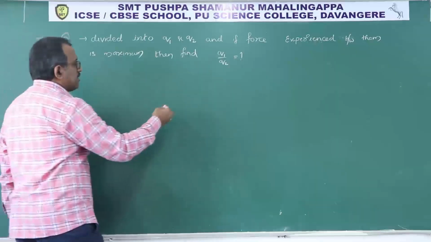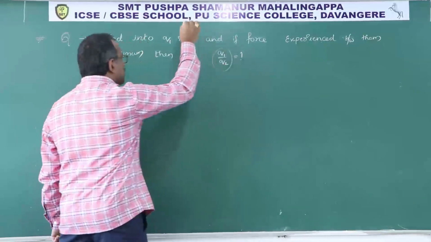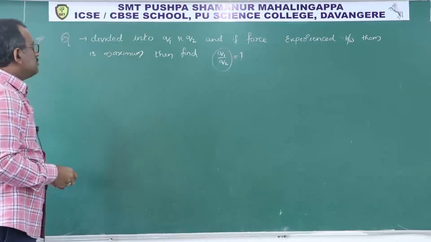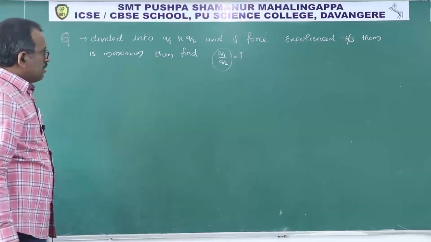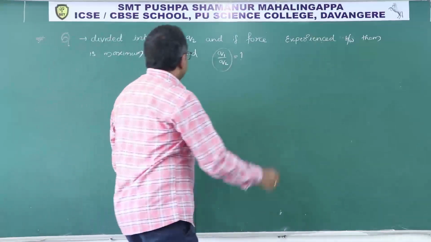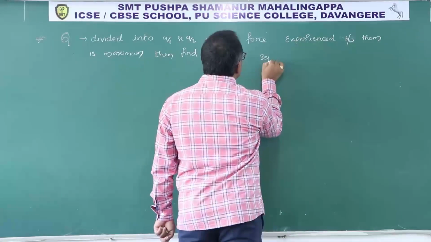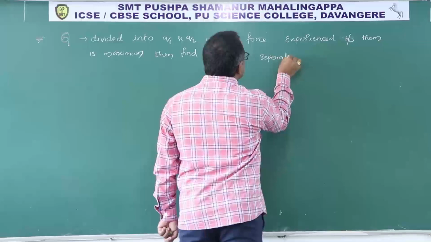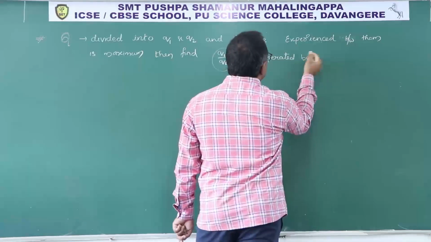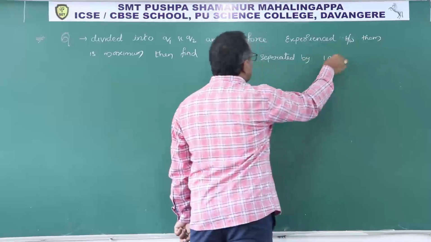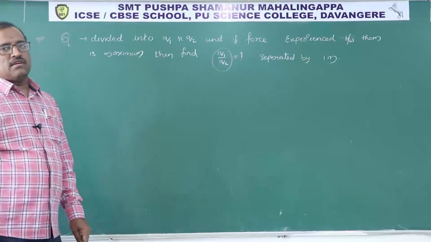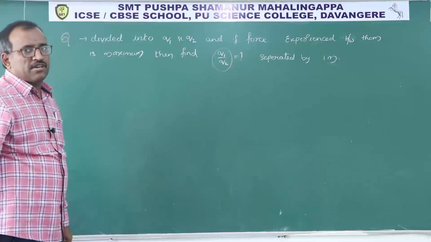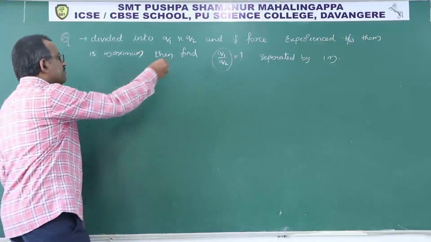So now let us start in finding the ratio of Q1 and Q2. It is very clear, separation not given, separated by 1 meter, let us say, or r meters, it is constant. So this question a shopkeeper will do very well. How come?